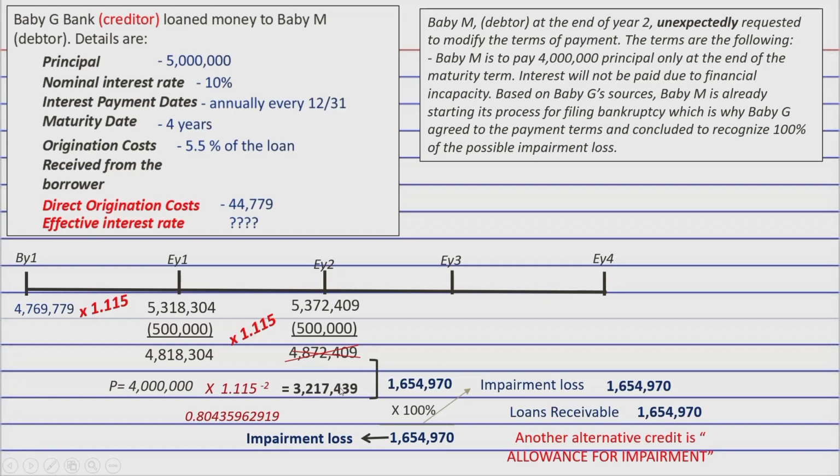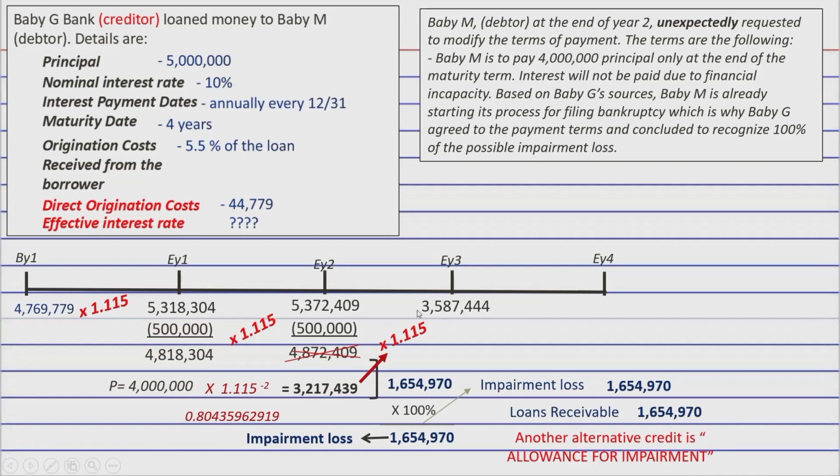This new receivable balance will be the ones that will be multiplied with 1.115 instead of this old balance. Okay? And if you do that, you will get 3,587,444. And since the debtor will not pay any interest at all already because of financial difficulty, then there will be no interest deductions. Okay?